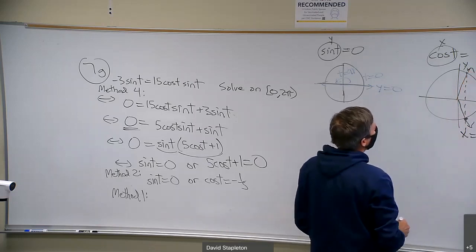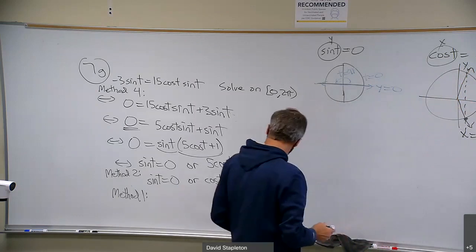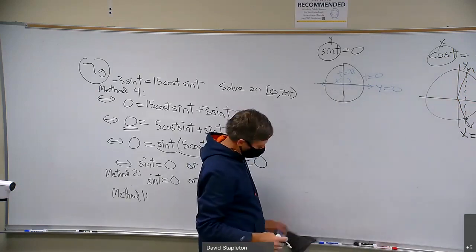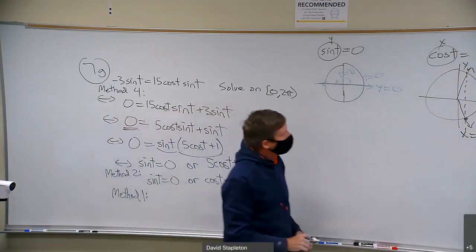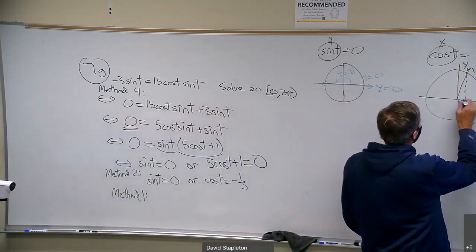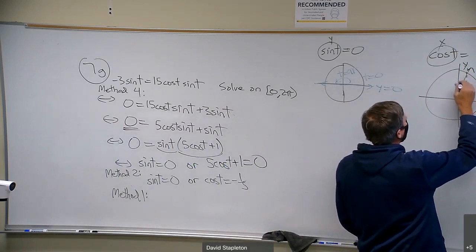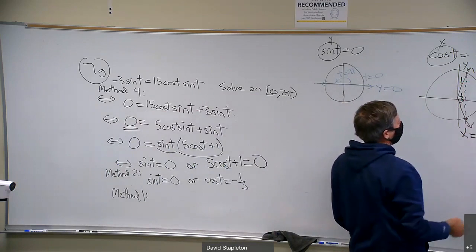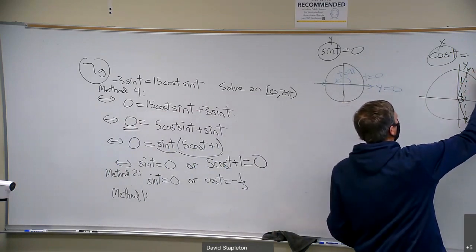That's it. So within 0 to 2 pi, I only have 2 solutions. What are they? Unfortunately, right, it's not a special triangle this time. This length is 1/5, since it goes from 0 to 1/5. This one is 1. I can figure this with the Pythagorean theorem, but I don't need it. I need this angle. What is this angle?